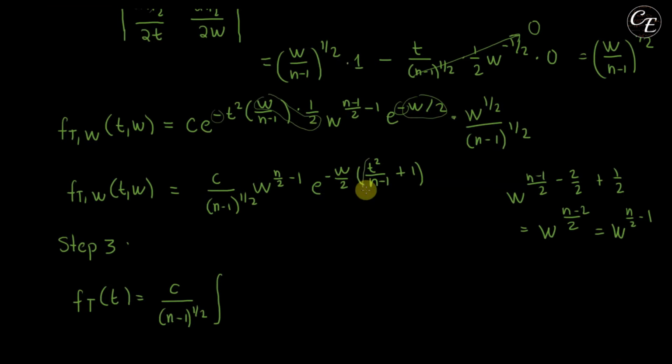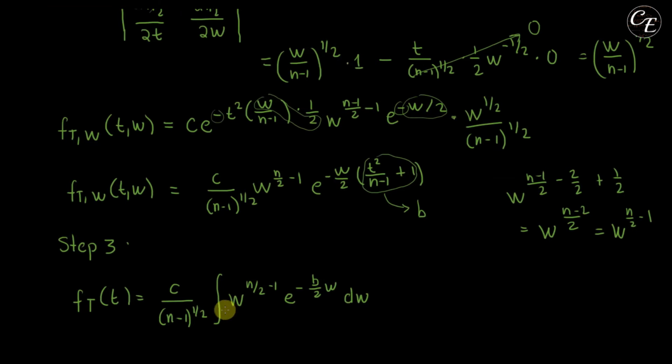For this term, to avoid rewriting it many times, let us designate it by b. So we have w raised to n over 2 minus 1 and then e raised to negative b over 2 w, dw.